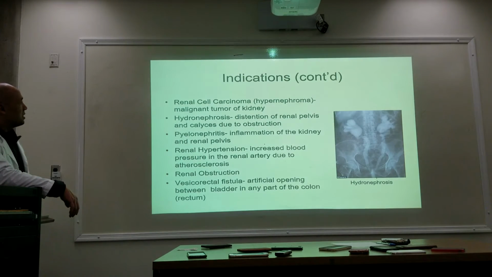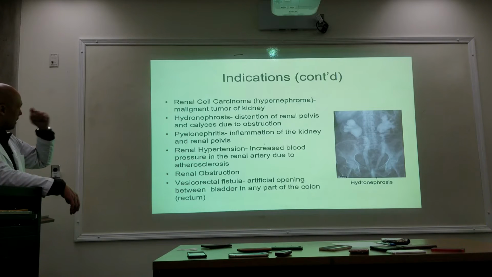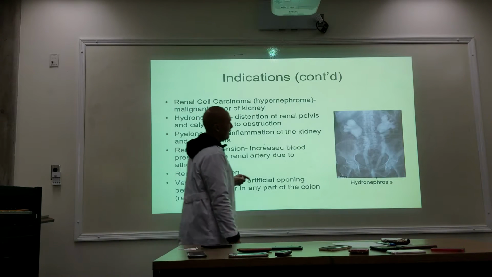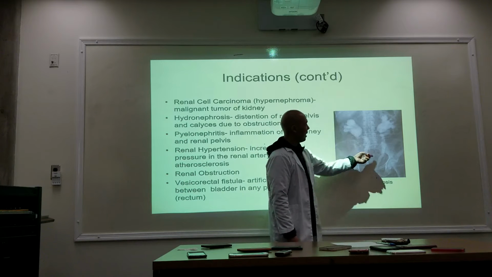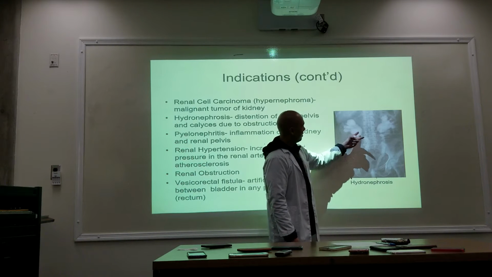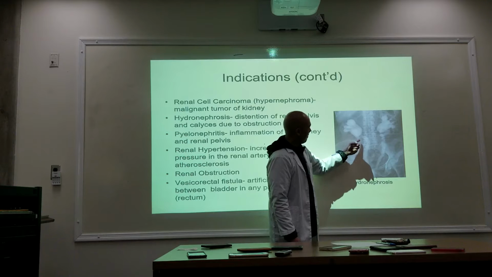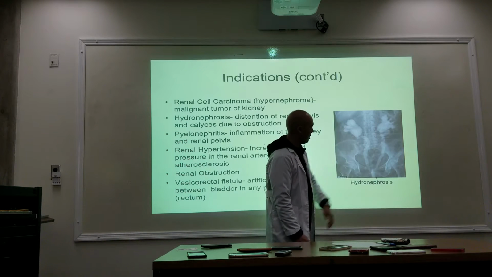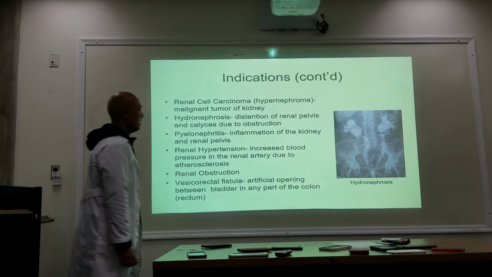Okay, renal cell carcinoma, again related to the kidneys, hydronephrosis, distension of the renal pelvis. So here's another one. This is bilateral hydronephrosis. Okay, enlarged. Let's say this is both the kidneys as well as the ureters. They are distended.